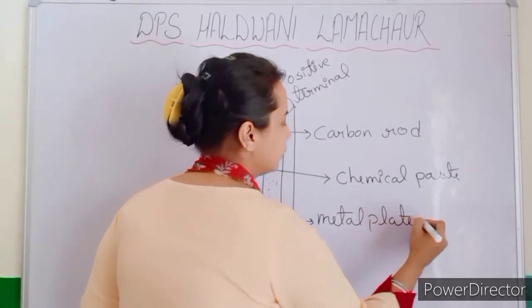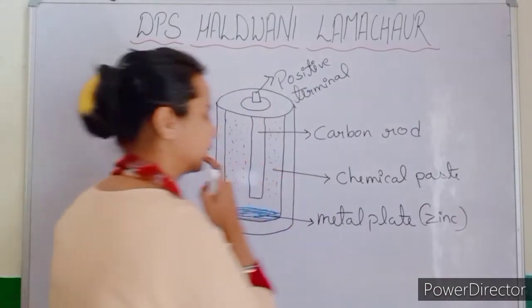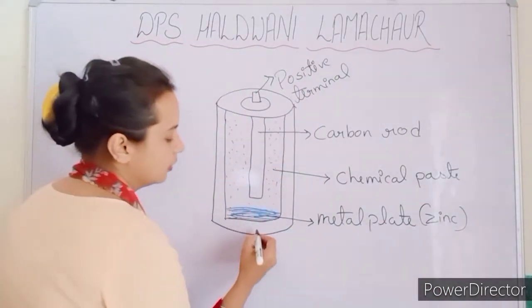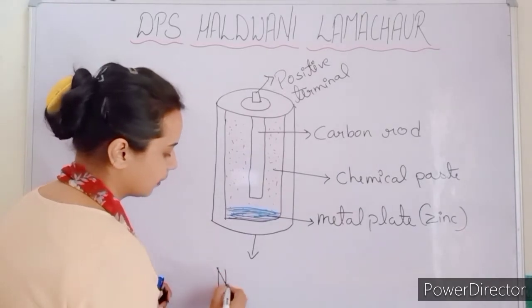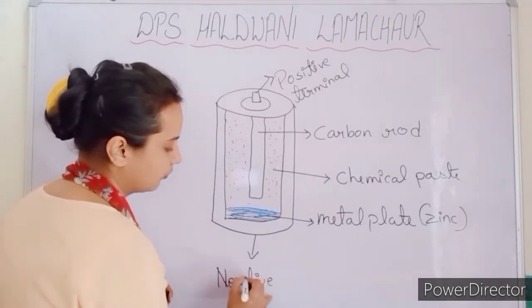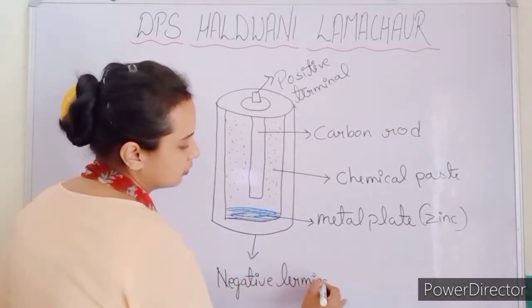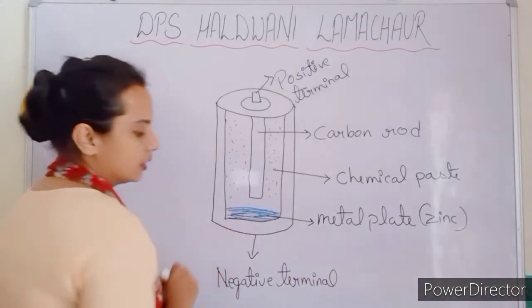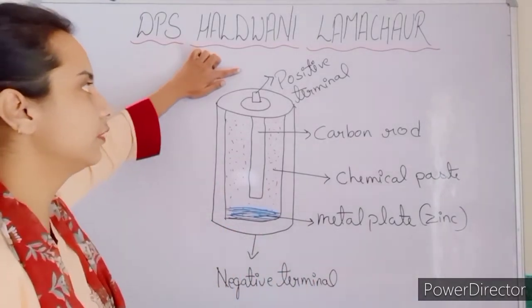And this metal plate is of zinc. So this is a negative terminal. ठीक है, this is a negative terminal and this is a positive terminal.